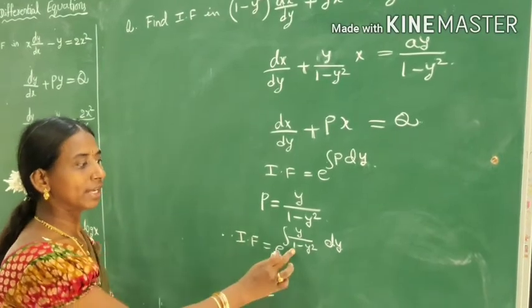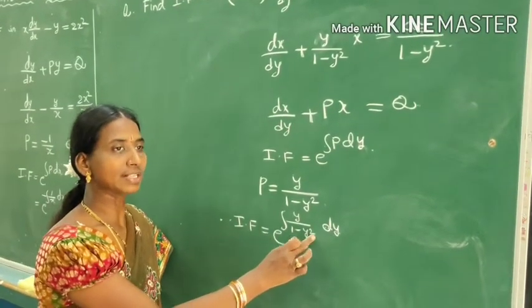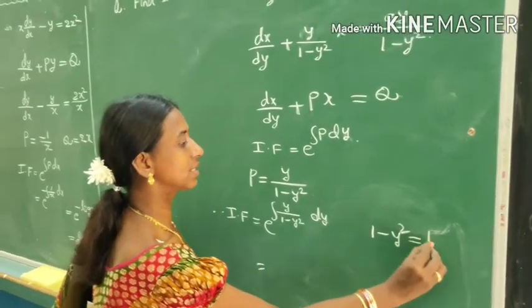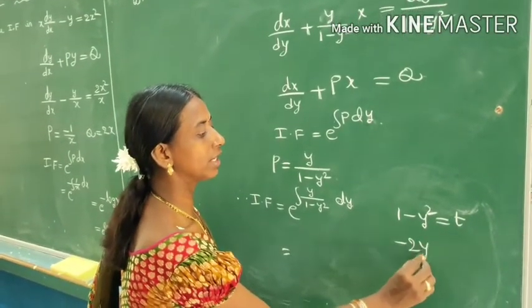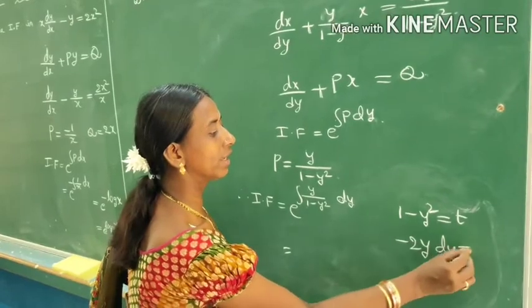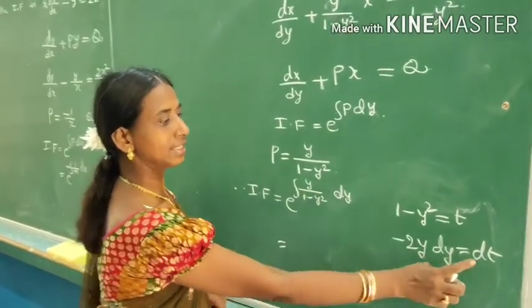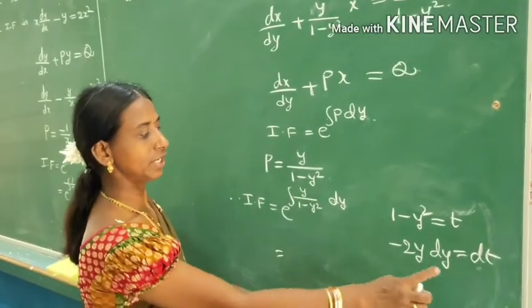By considering 1 minus y square as t, by substitution method, 1 minus y square is equal to t, we get minus 2y dy is equal to dt. So here y dy is written as minus dt by 2.